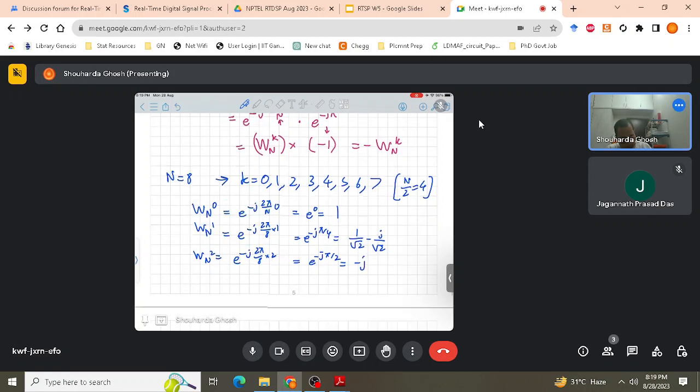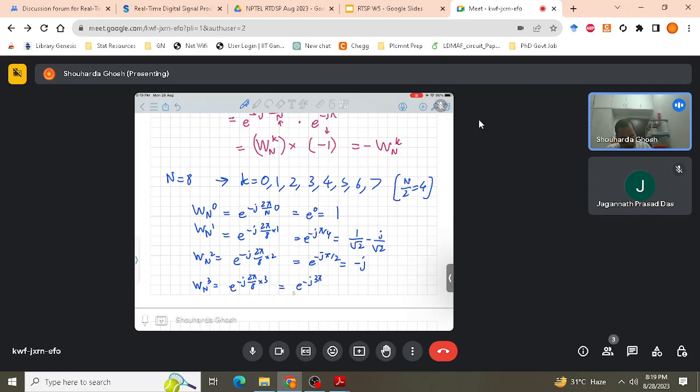Minus j. W n of 3, let's do this: 2 pi by 8 times 3, e to the minus j 3 pi by 4. So what happens over here? We are going down and down. So minus 1 upon root 2 minus j upon root 2. Cos of 3 pi by 4 and minus sine of 3 pi by 4, so this is in the third quadrant.